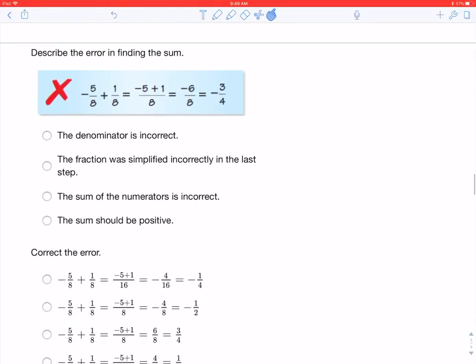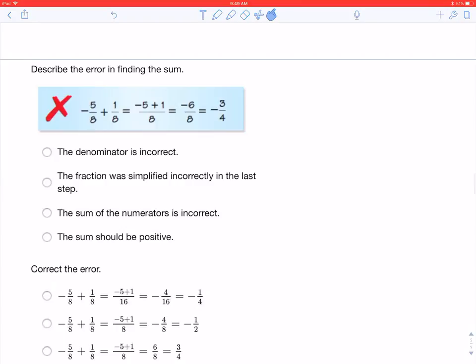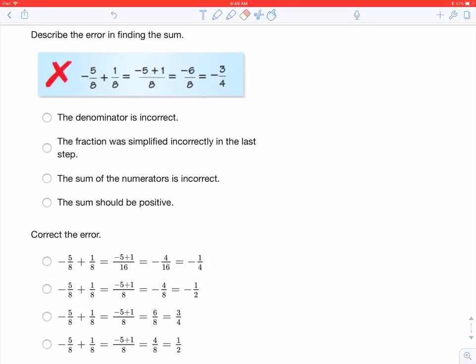Okay, number 13 wants you to describe the error in finding the sum, and it also wants you to correct the error. So you're going to be choosing two answers: one of these, where you explain the error they made in their calculations, and then the correct way of doing it among these four options. The easiest way to solve these problems is to just do it yourself.